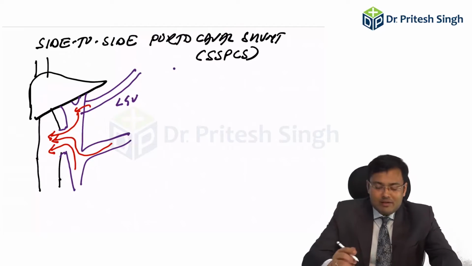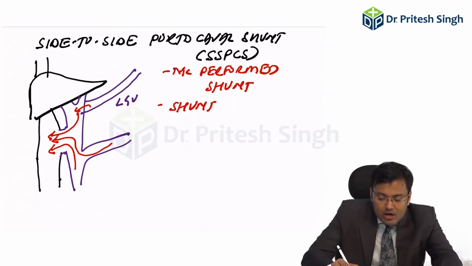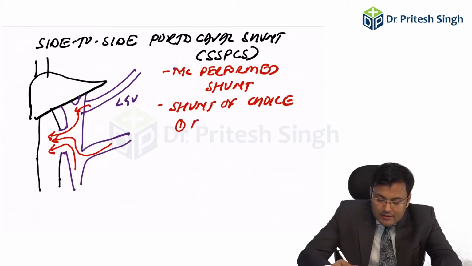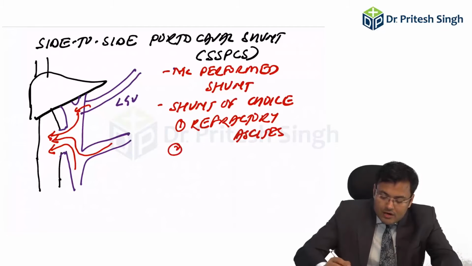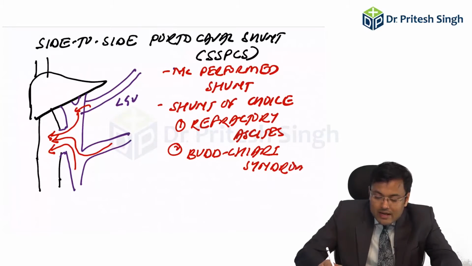This side-to-side portocaval shunt is the most commonly performed shunt, and it is the shunt of choice for refractory ascites, for Budd-Chiari syndrome, and for veno-occlusive disease.